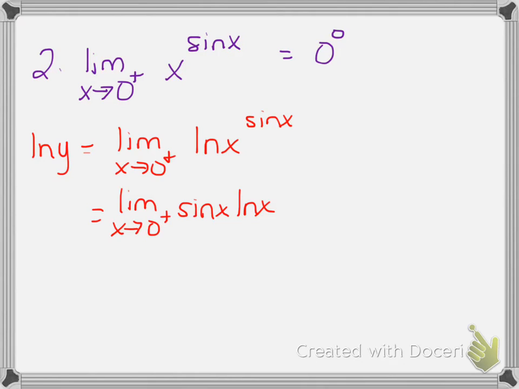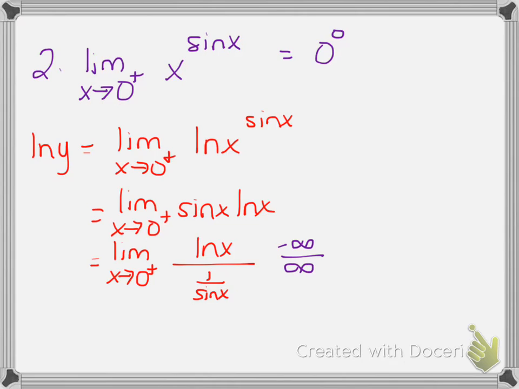I still don't really know how to solve this, but the way we do sometimes, whenever you have things multiplied, you can, remember, bring it to the bottom by making it 1 over that. So now when I plug in 0, I get ln of 0, which is negative infinity. On the bottom, it's 1 over 0, which is infinity. So I've got a big number and a big number.